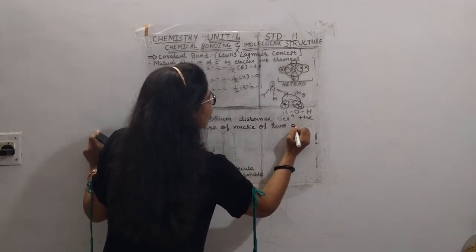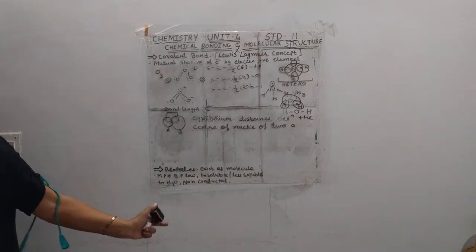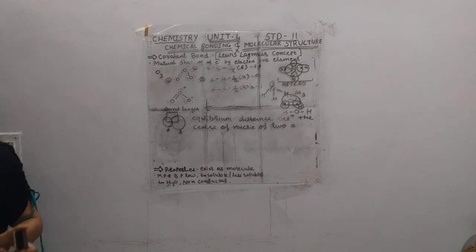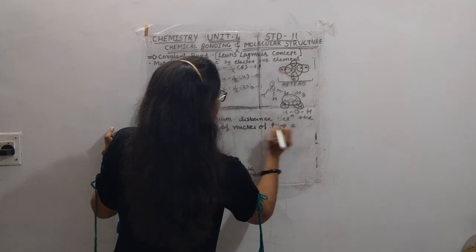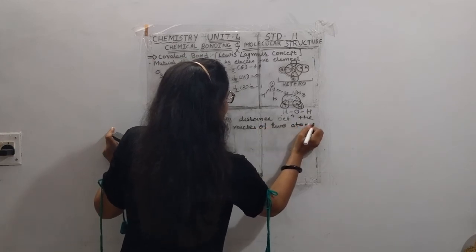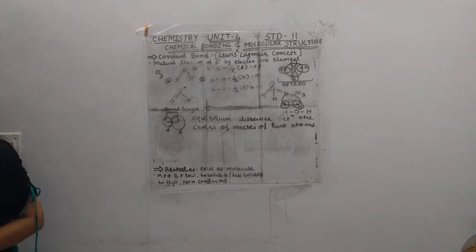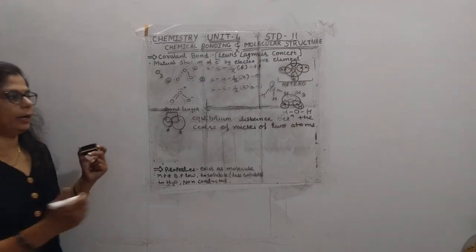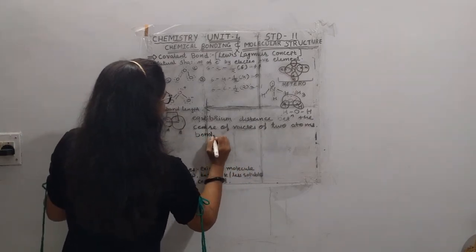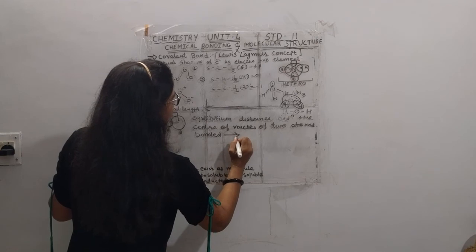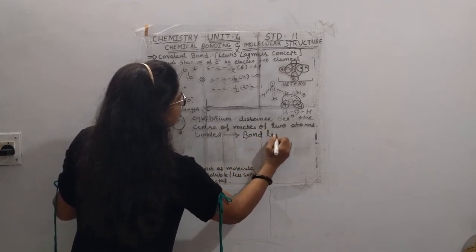Suppose it is homoatomic, then there is the same distance, but if it is heteroatomic, then it is different. The distance between the nuclei of two atoms which are bonded is known as bond length.